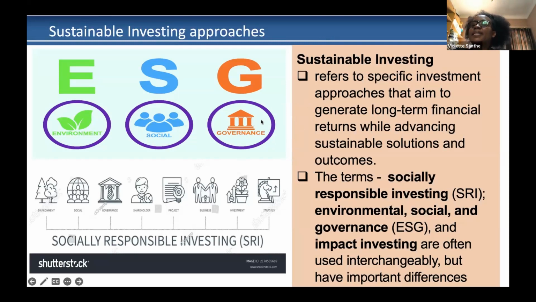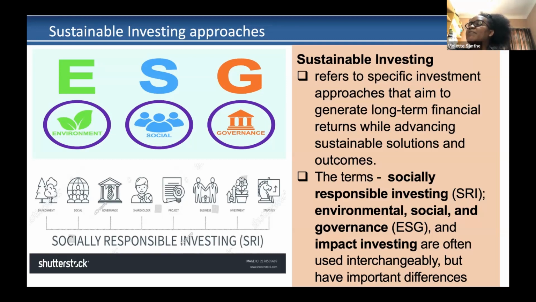There are actually three terms. For the sake of this presentation, I would like us to look at three terms which are very common in sustainable investments. The first one is socially responsible investing, for short written SRI. And then we have environmental, social, and governance, for short also called ESG.